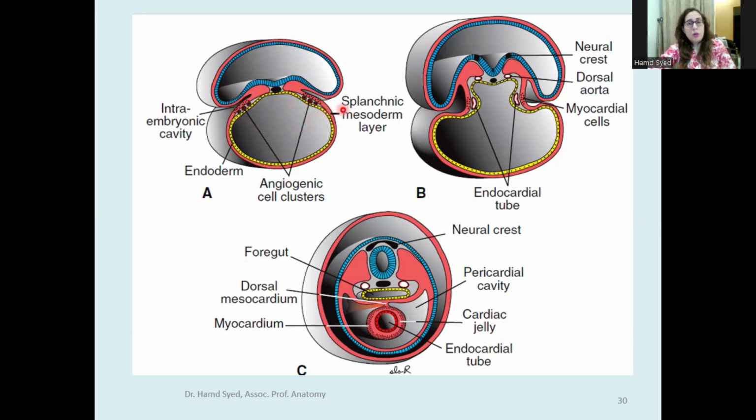And as these folds approach the midline, these precursor cells of the heart, which are the myocardial cells, along with the endocardial tube, are going to fuse, forming a single heart tube in the midline, and it is surrounded by the myocardium. So you can see that it is also surrounded by a layer of mesodermal tissue, and this mesodermal tissue is the splanchnic layer of the lateral plate mesoderm. This is the area where the cardiac muscle cells are going to be formed.